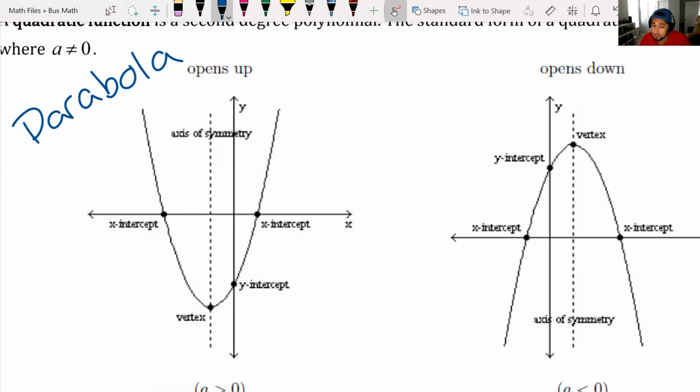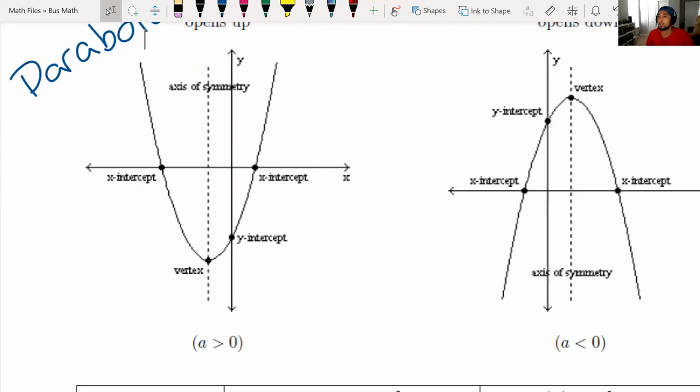And some characteristics about a parabola is that if the leading coefficient a of your quadratic function is positive, your parabola will open up. If your parabola opens up, there are some other characteristics here.